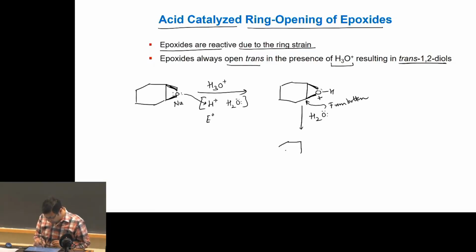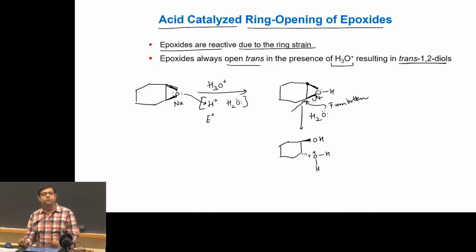So water will go from the bottom and you will open up that ring. These electrons will go to oxygen. So here the stereochemistry will not change. It will remain as it is. The reaction is not taking place there. The reaction is taking place at this carbon. At that carbon you will have water at the bottom. Again, water can act as a base.